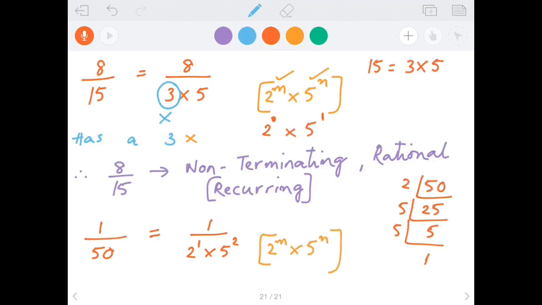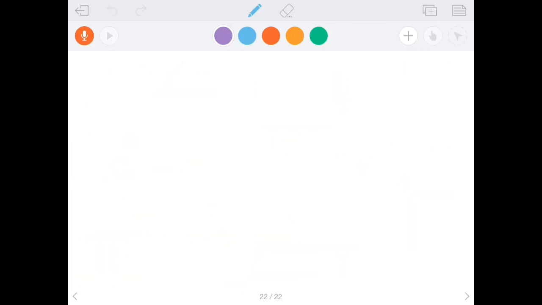It also consists of 5 power n in terms of 5 power 2. It does not have any other number except 2 and 5. Therefore, 1 by 50 becomes a terminating rational number. I hope this was clear to all of you.